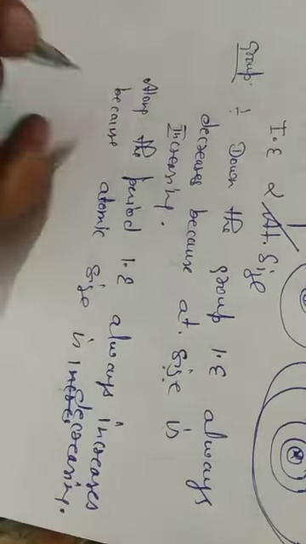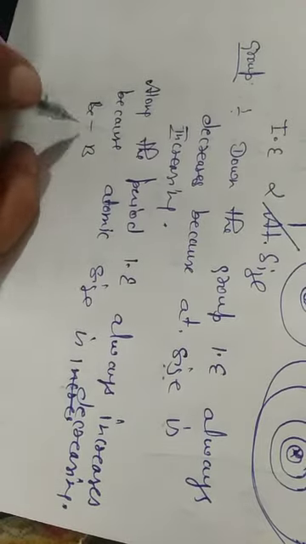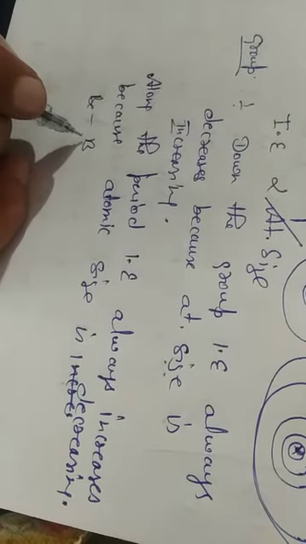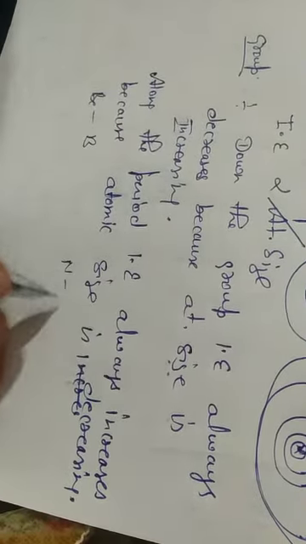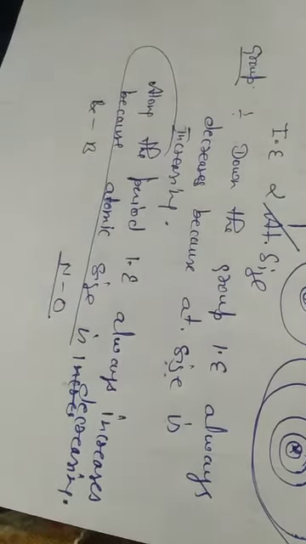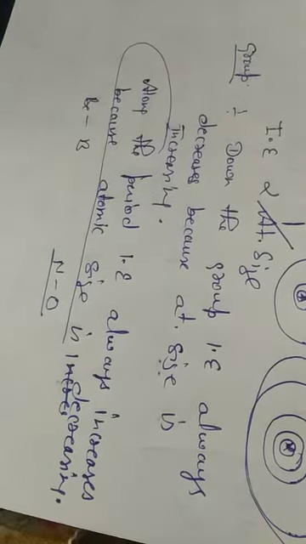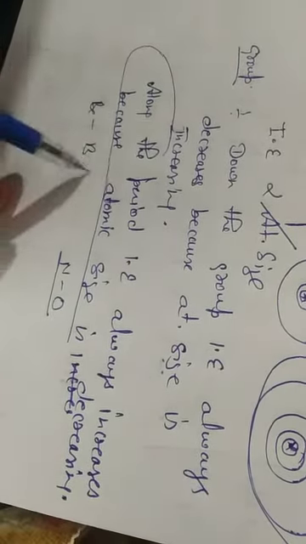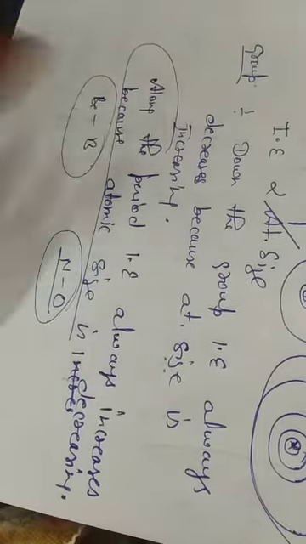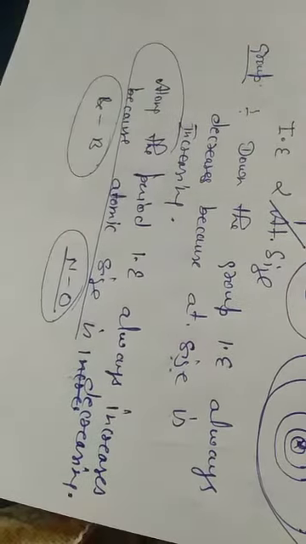However, there are some exceptions from beryllium to boron. There the ionization energy decreases, and also from nitrogen to oxygen. However, in all the periods ionization enthalpy always increases because atomic size goes on decreasing. But I have told you the exceptions remain as they are, as explained in the case of atomic radius.